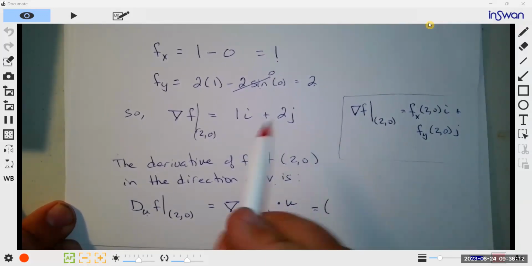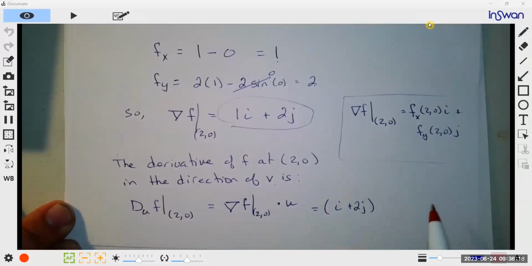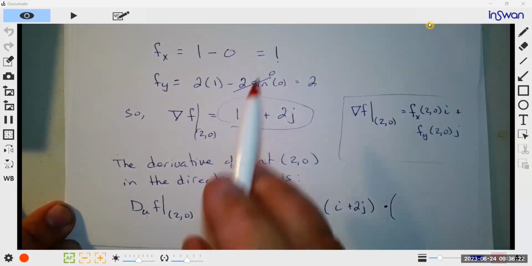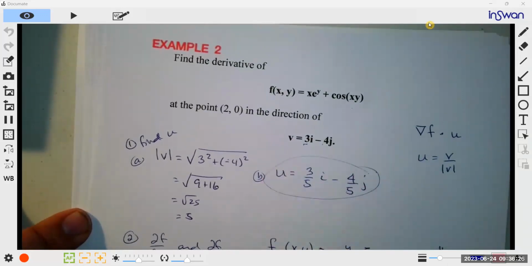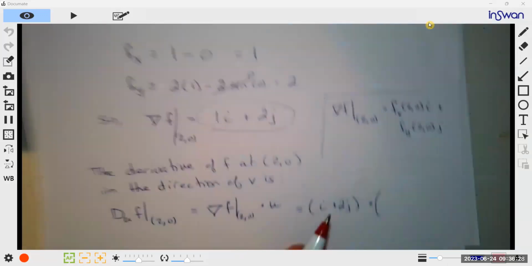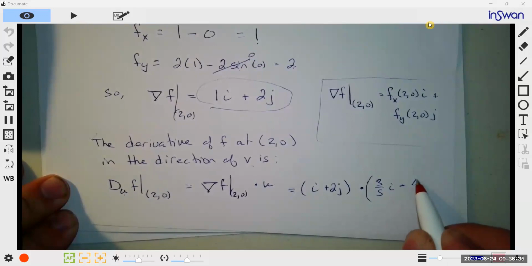Del f is i plus 2j, dot our u function from up here, which is 3 over 5 i minus 4 over 5 j.